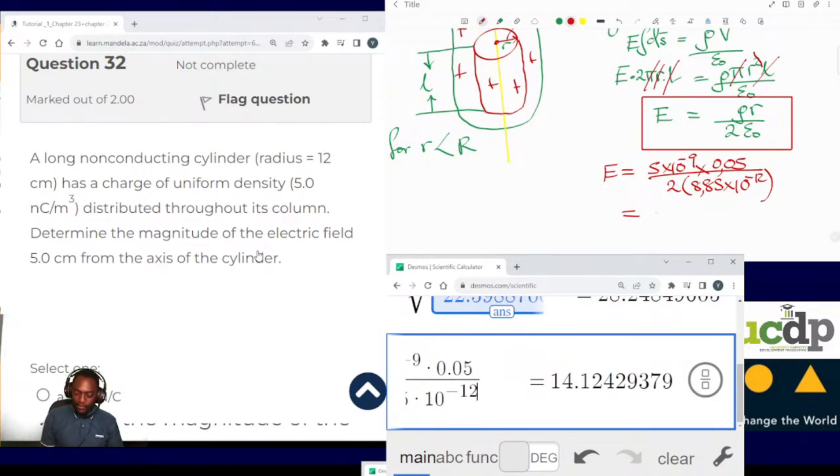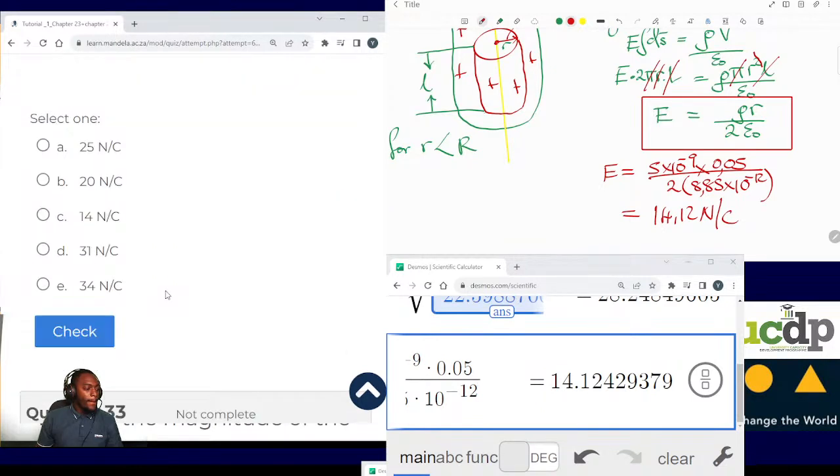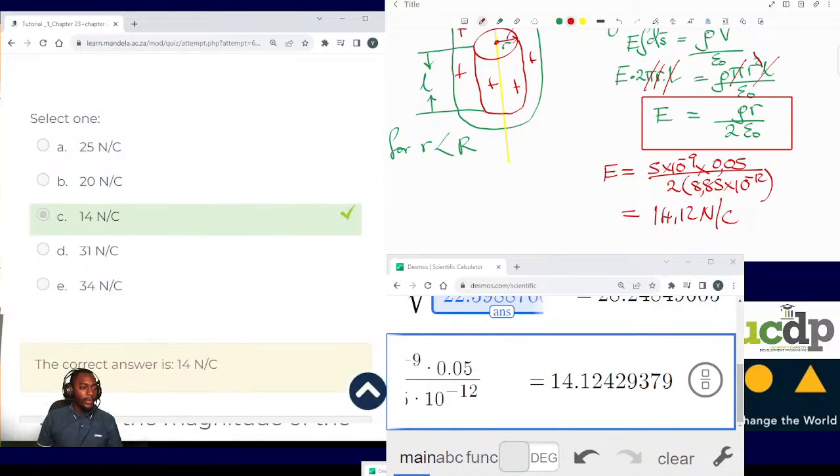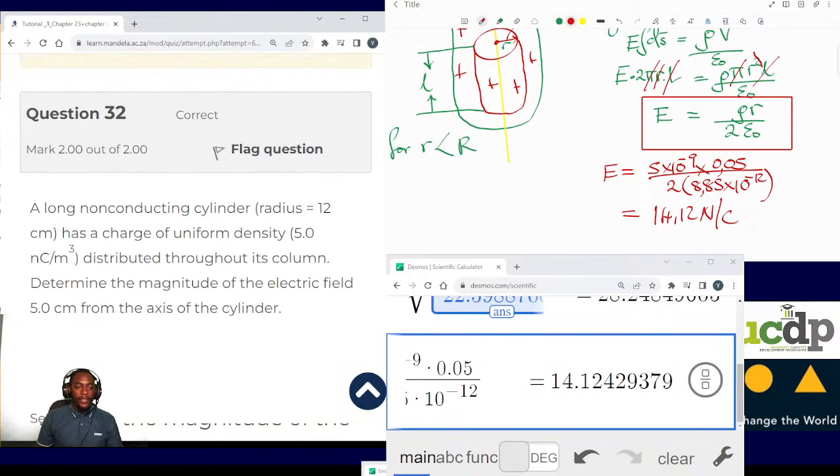Right, I'm also getting 14.12. Anyone getting a different answer? Let's check if that is correct. So indeed that is 14.12. That is how we're supposed to do the computation. That is how we're supposed to do the question.